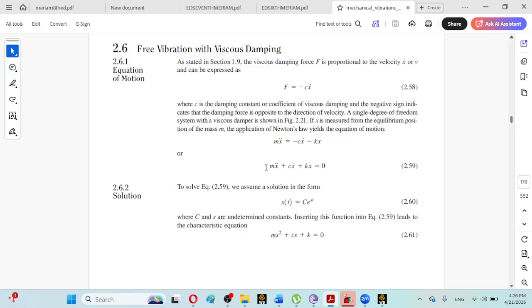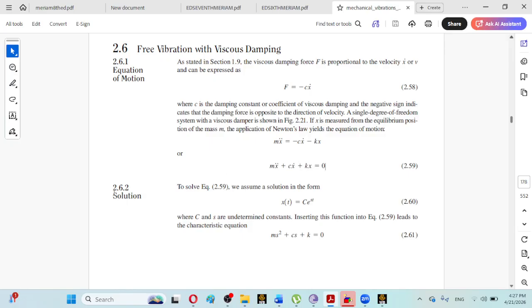In the exam they might be asked to derive the same equation using the law of conservation of energy technique or D'Alembert's principle. At least these two methods are necessary for the student because we have learned them previously. So if they have any problem they might ask me.